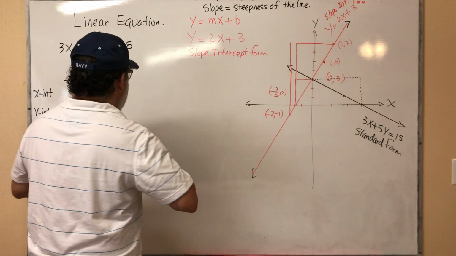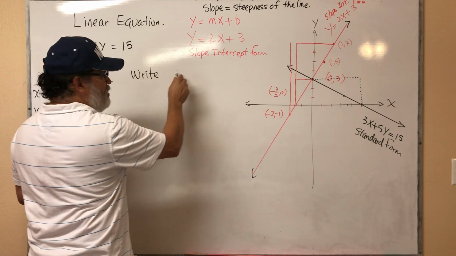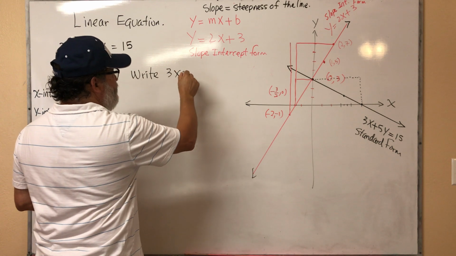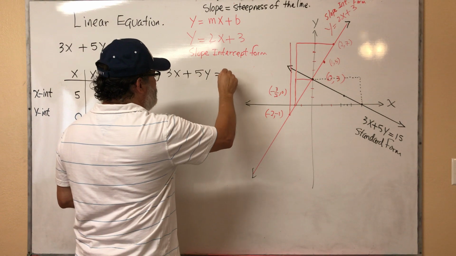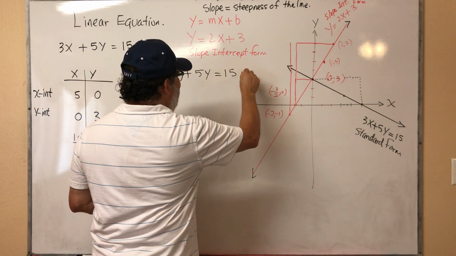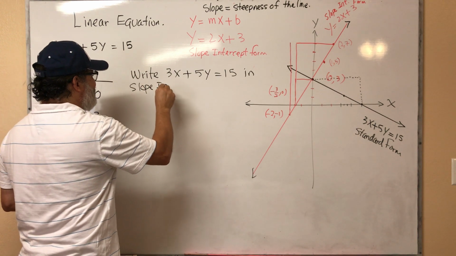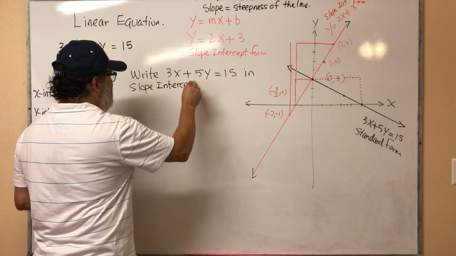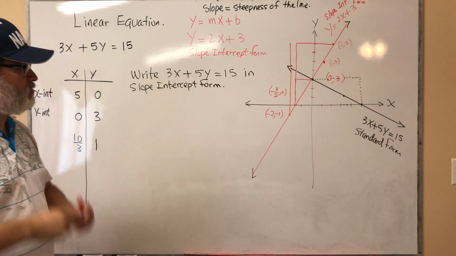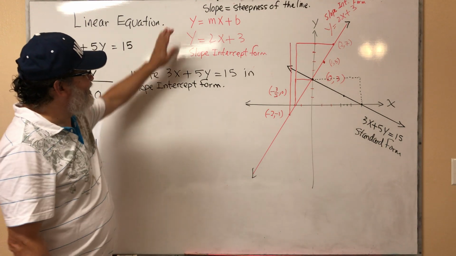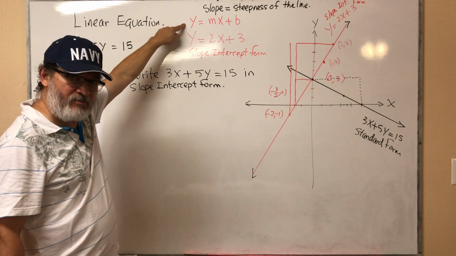Okay. So write 3x plus 5y equals 15 in slope-intercept form. Listen, in slope-intercept form, we need to get y by itself.